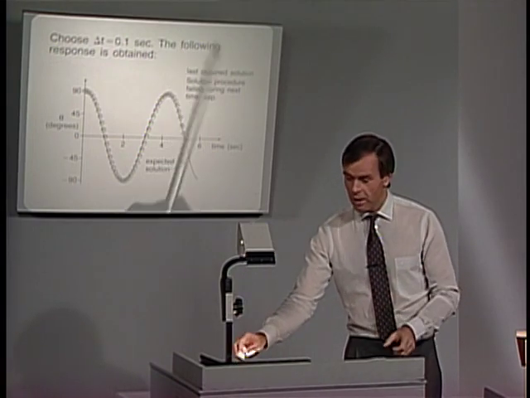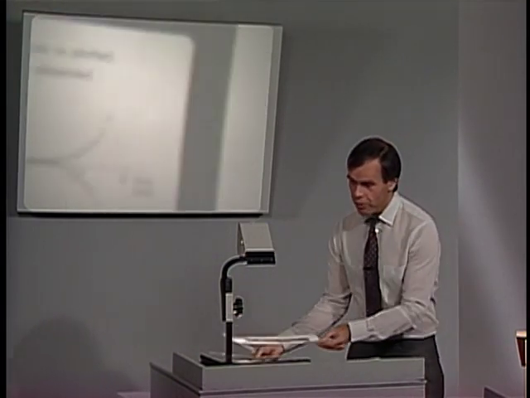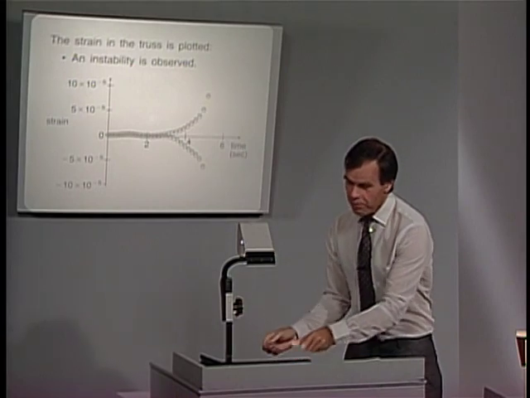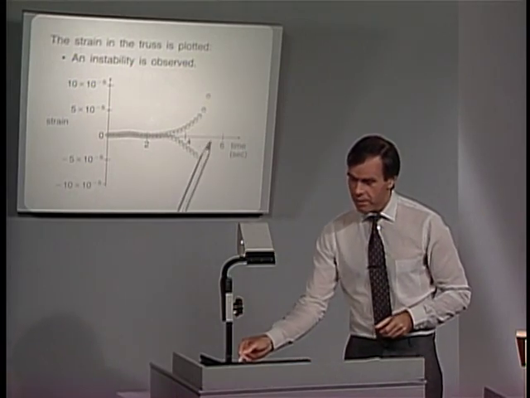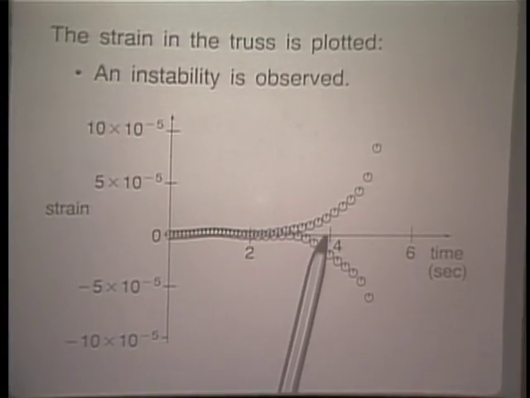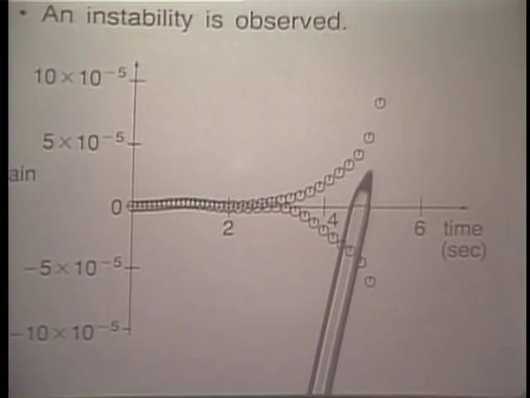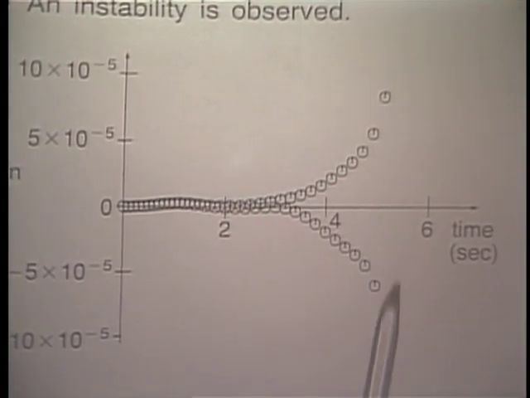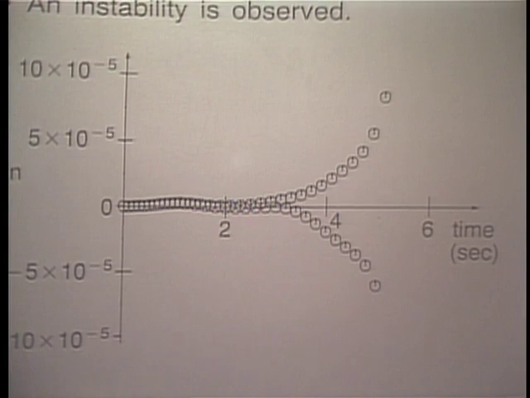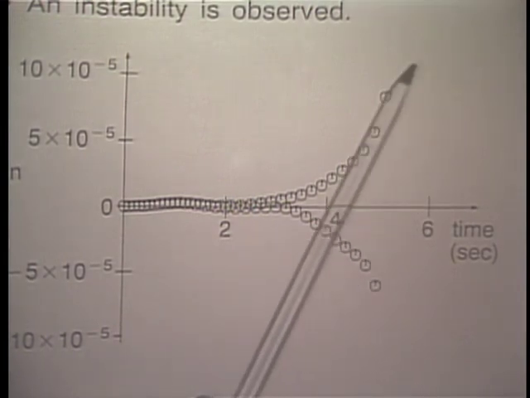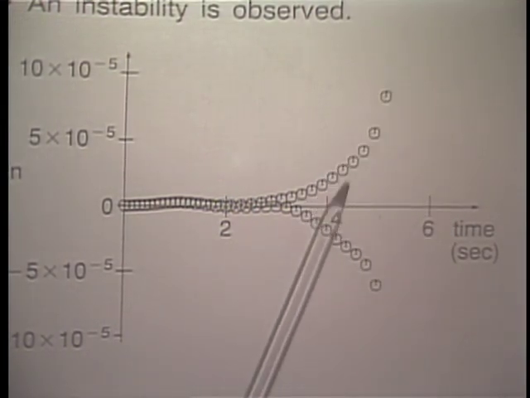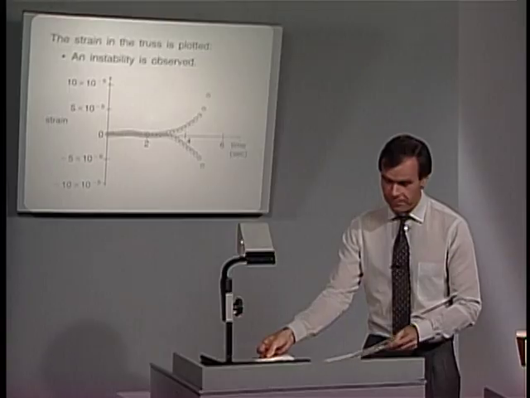Everything looks good. However, if we plot the strain in the truss, we find that at larger times the strain oscillates very much, and in fact this oscillation grows. This clearly signifies an instability in the solution process.